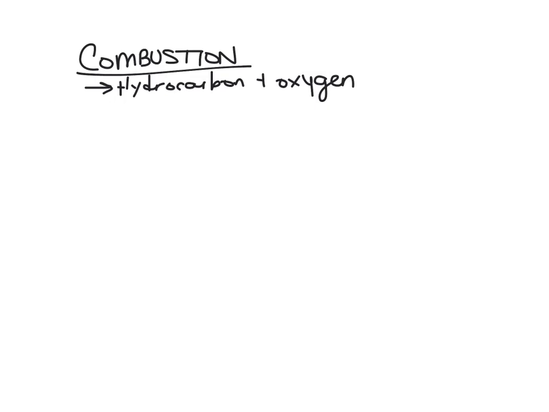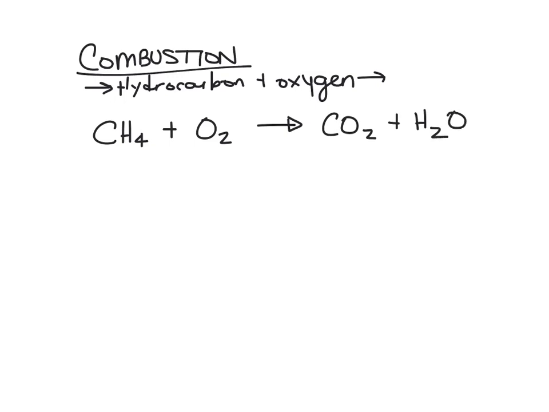Okay, and the hydrocarbon is some form like methane, CH4, and you mix it with oxygen gas. The products when you do a hydrocarbon and you mix it with oxygen in the reaction is a carbon dioxide and a water with release of heat. Okay, so that's the other one. Hopefully this all makes sense.